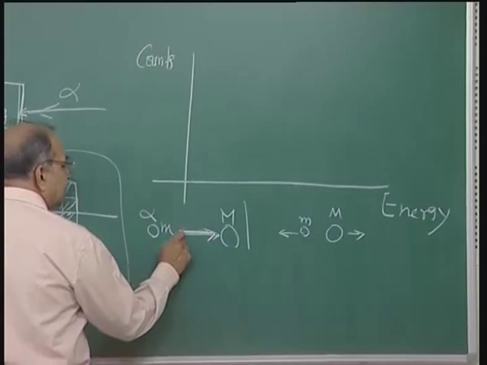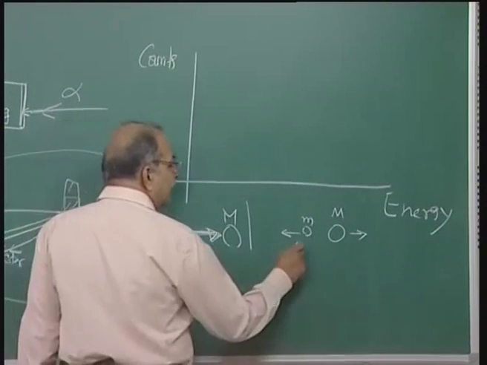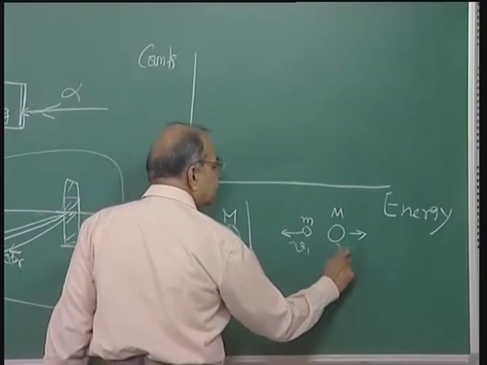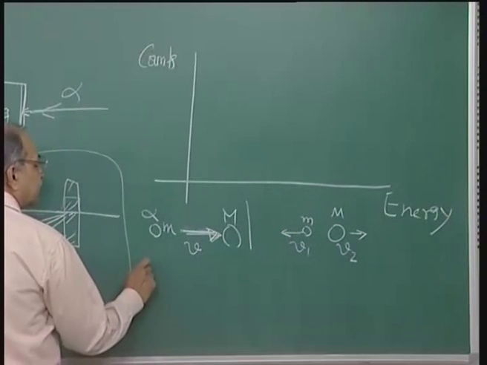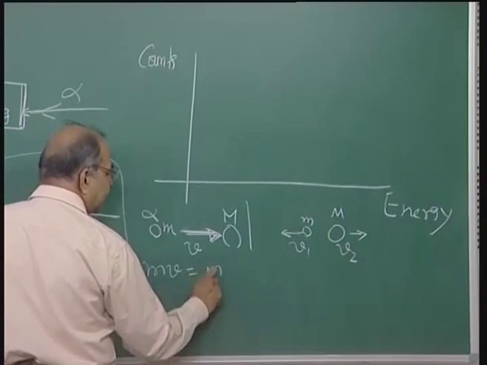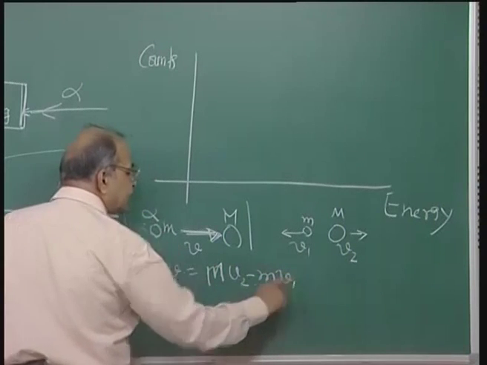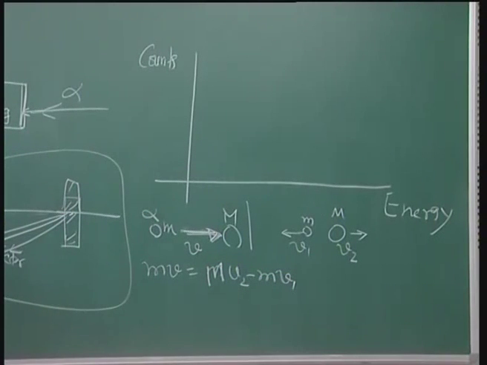So, if the initial velocity is v, and this is v1 and this is v2, then you can write m v equals capital M v2 minus small m v1, that is linear momentum conservation.